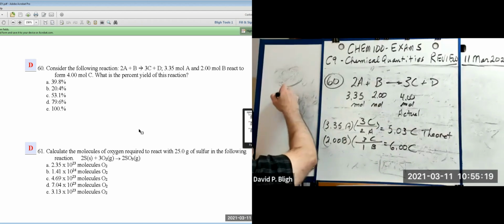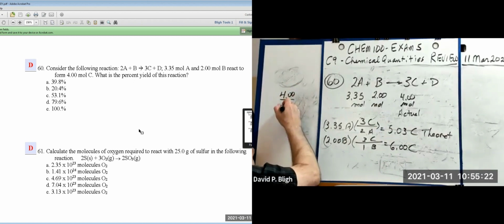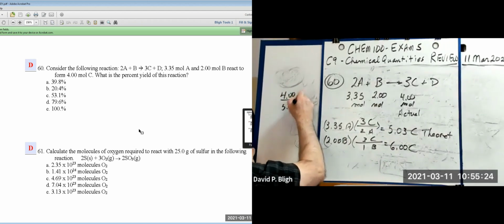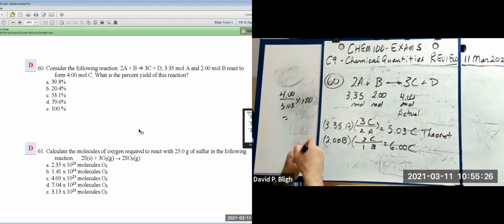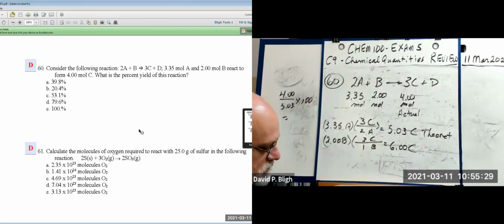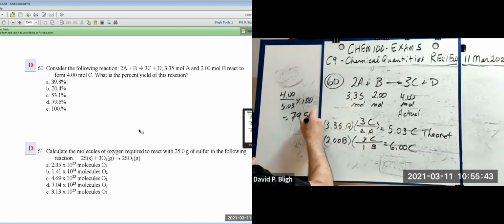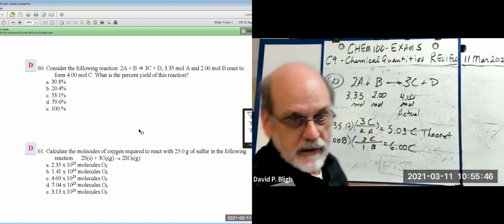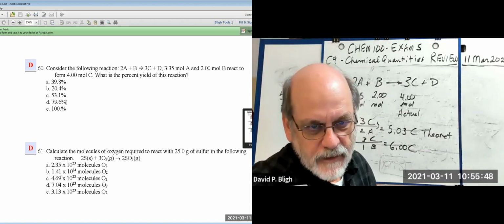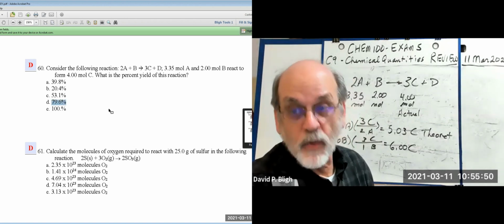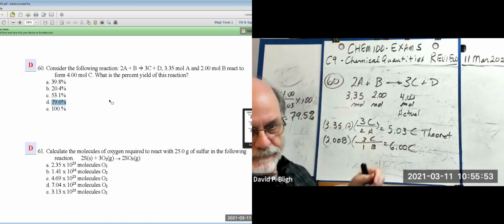Actual divided by theoretical times 100. I get 79.5 percent. Is anything close to that? Yep. That one's pretty close. 79.6. So that's your best answer.